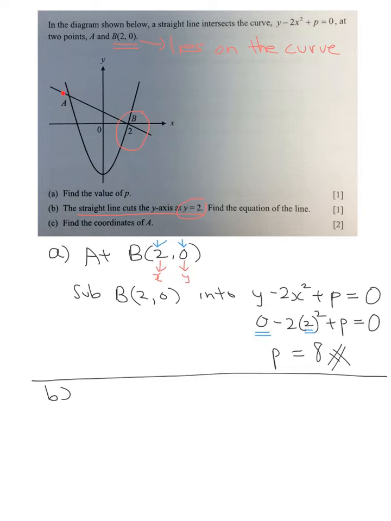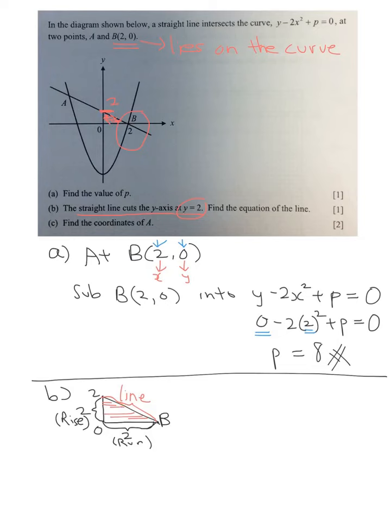That means it's this straight line that cuts the y-axis at y equals 2. It simply means that the y-intercept, this point over here, is 2. What I will do is redraw this triangle, which is this shaded triangle over here, and show you how to find the gradient of the line in this case.